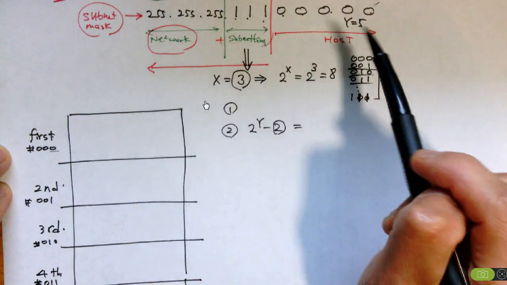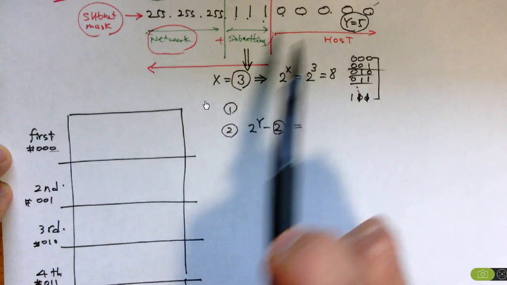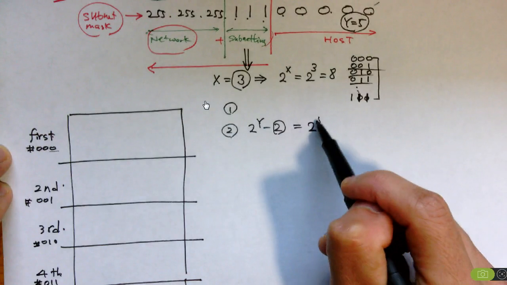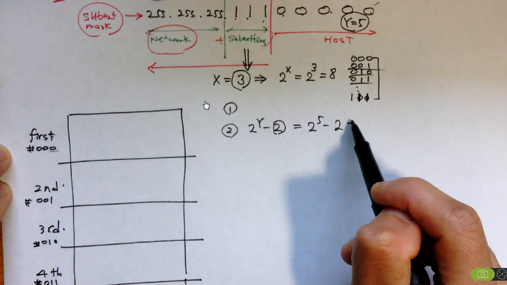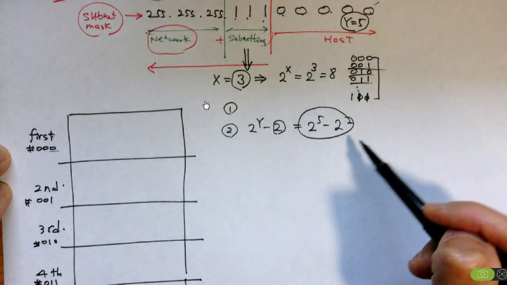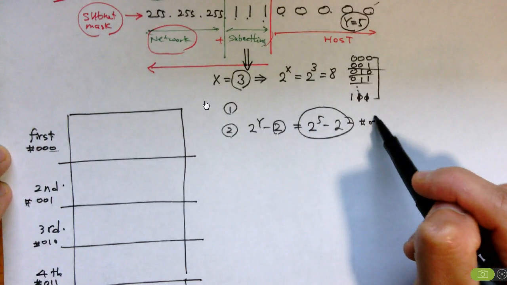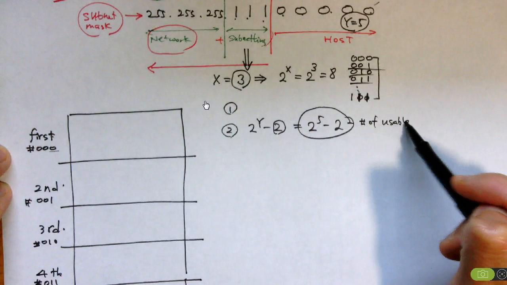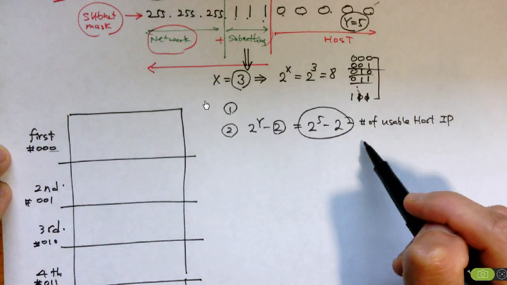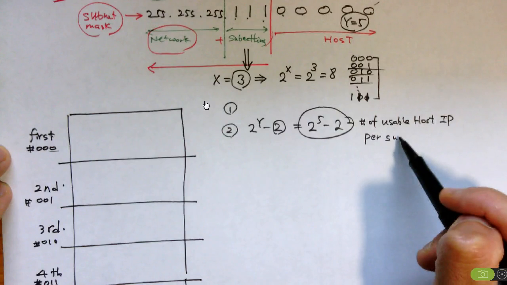since the 3 bits are used for the subnetting portion. But anyway, the y is 5, so 2 to the y minus 2, and then this is the answer. So you can have 2 to the 5 minus 2 number of usable host IP addresses per subnet.